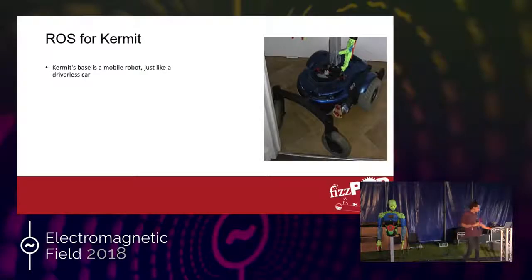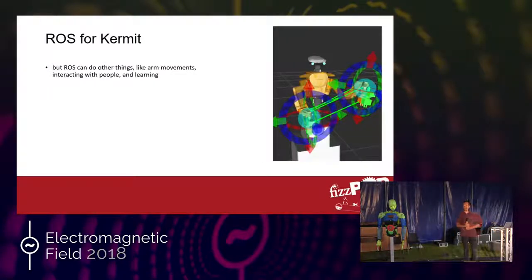But ROS can be used for, as I said, anything else related to robots. Once I get the navigation working fine, the next thing will be to get ROS to move the arm. What it does is calculate what positions each joint needs to be at in order for the hand at the end of the arm to reach its final destination.